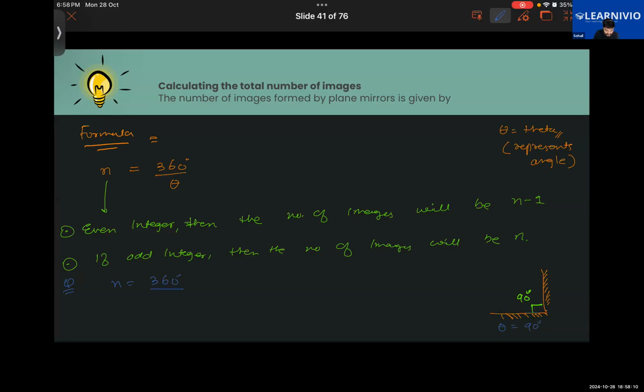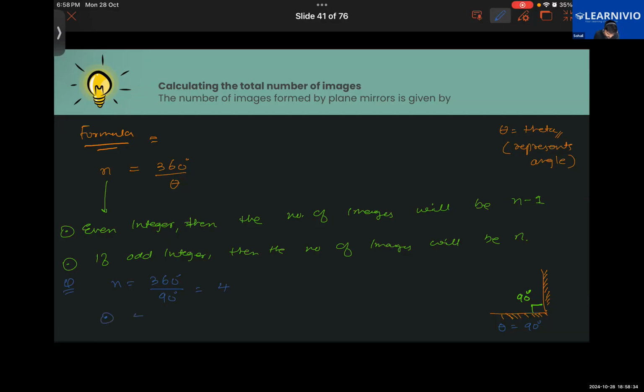Okay, so 360 upon 90 will be equal to how much? Yeah, quickly tell me. 4. Is 4 even or odd? It is an even integer. Exactly. So we should be subtracting 1 from it now.